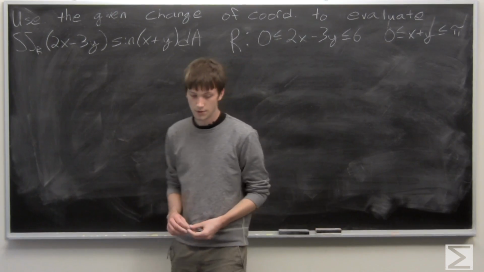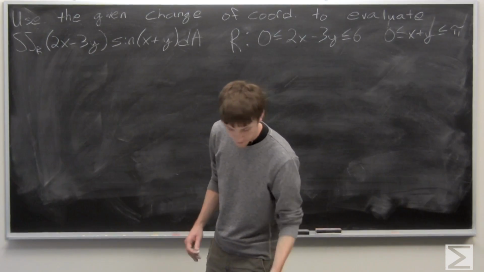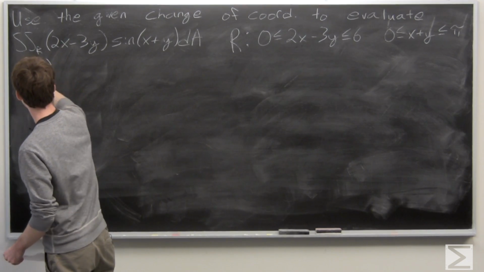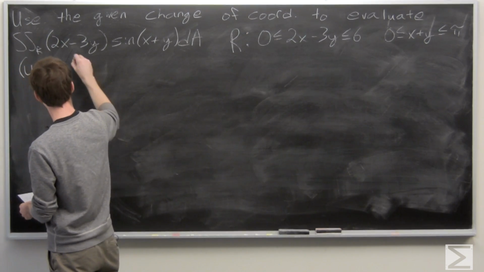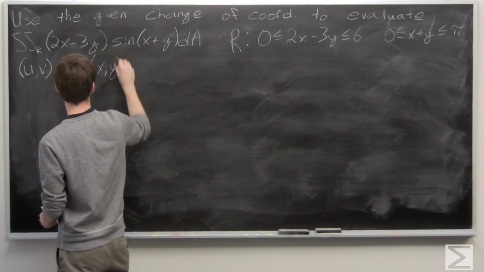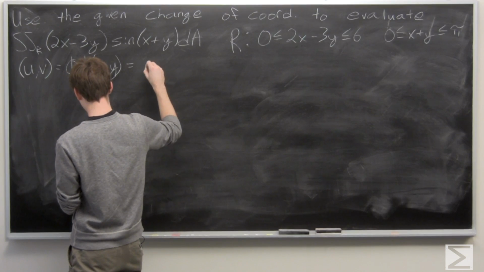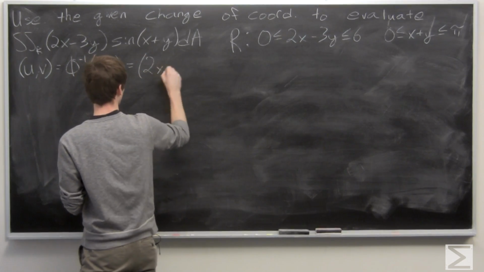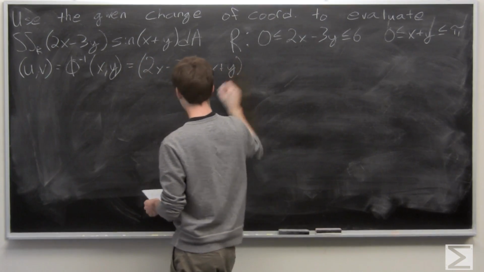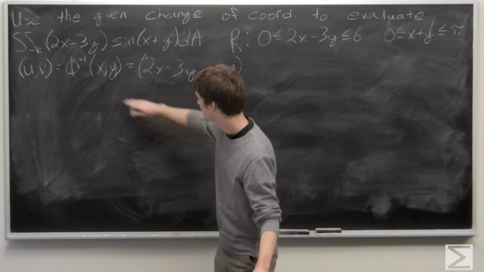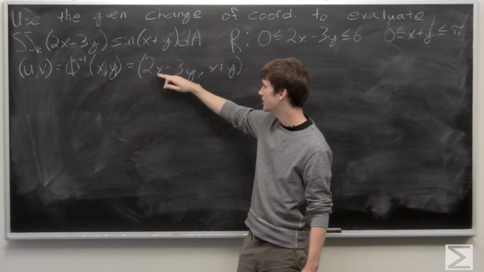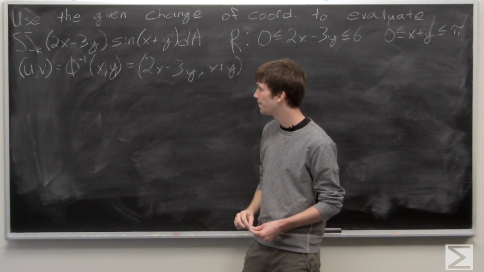They also give us that (u, v) is equal to phi inverse of (x, y), which is (2x minus 3y, x plus y).